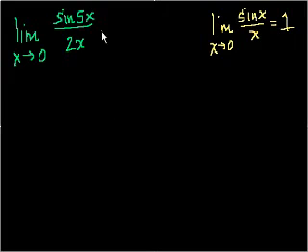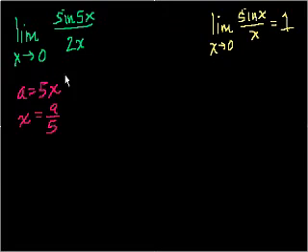Well, let's try to substitute. Let's try to get a single variable here instead of 5 times a variable. So let's make a substitution and say that a is equal to 5x, and that also means, dividing both sides by 5, that x is equal to a over 5. So let's make that substitution into this.